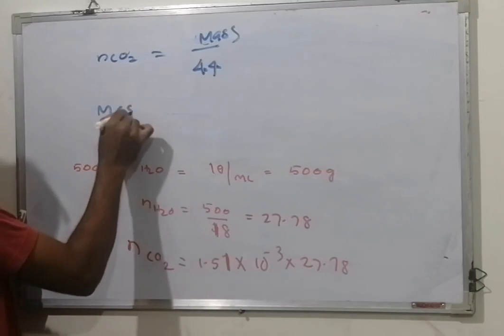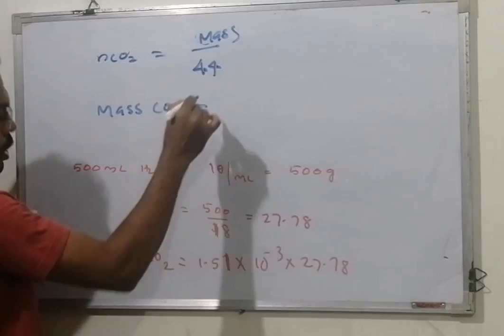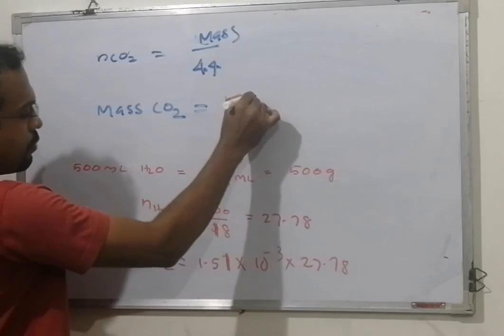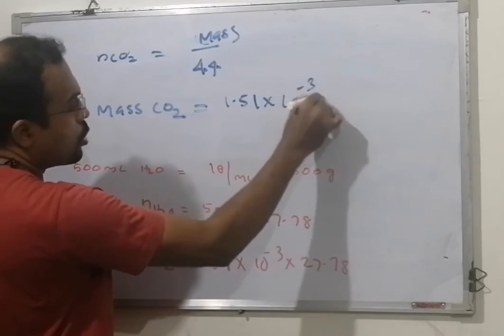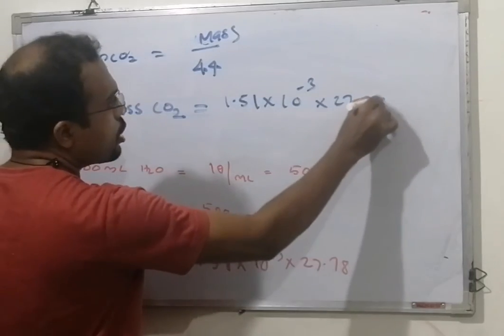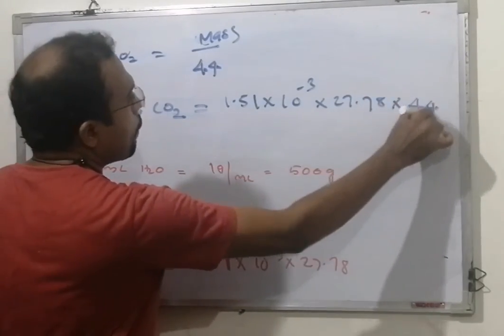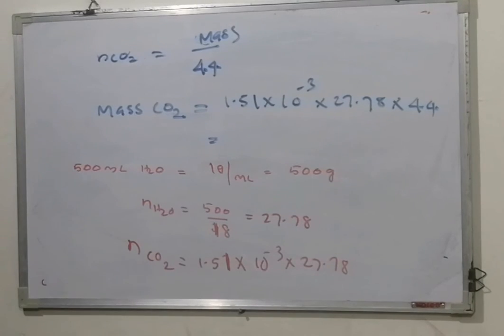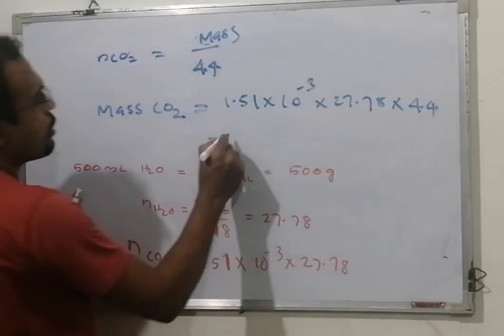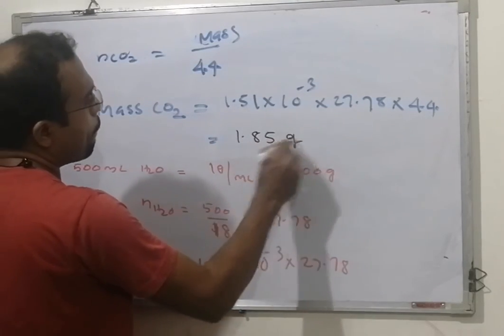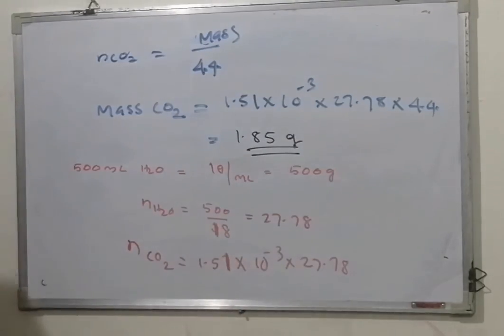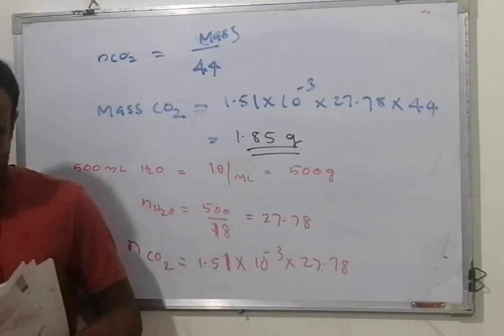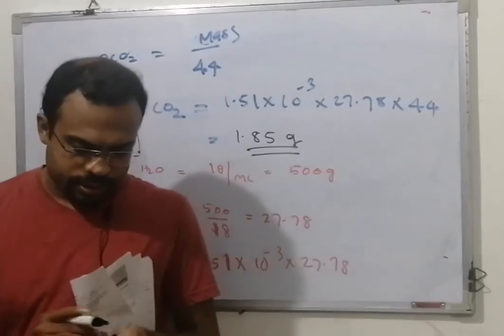Therefore, the mass of carbon dioxide is equal to 1.51 into 10 raised to minus 3 into 27.78 into 44. What is the final answer? The final answer is 1.85 gram. This much mass of carbon dioxide dissolved. That is the quantity of carbon dioxide.